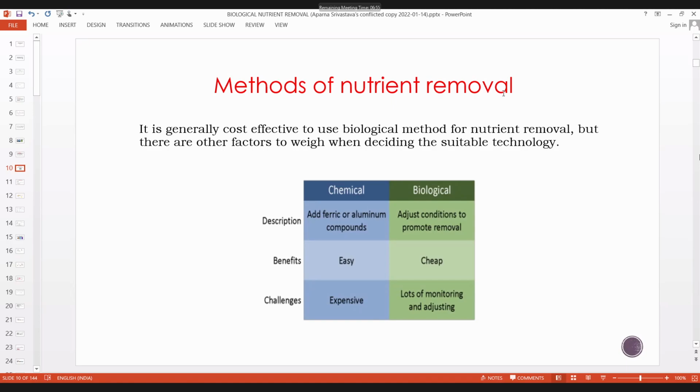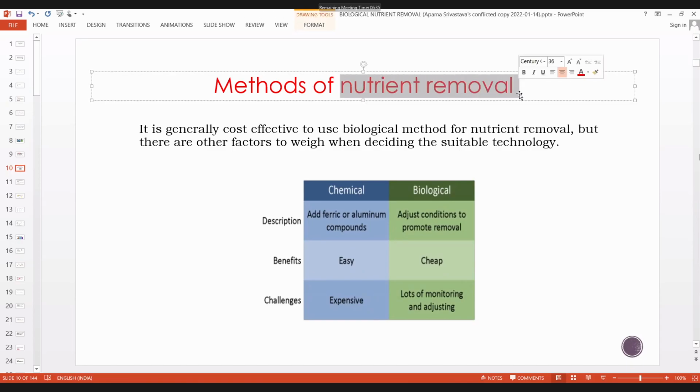We know that. The cost effective method is always going to be the biological method. But other factors we have to take care of, and how we are going to take care, you just see here. This table is made especially with reference to nutrient removal.